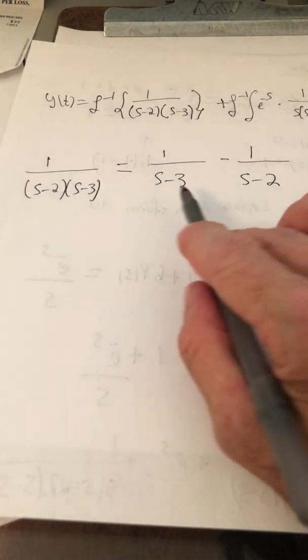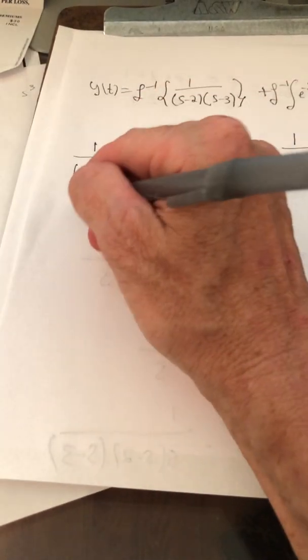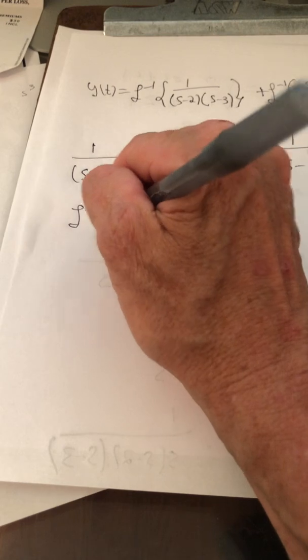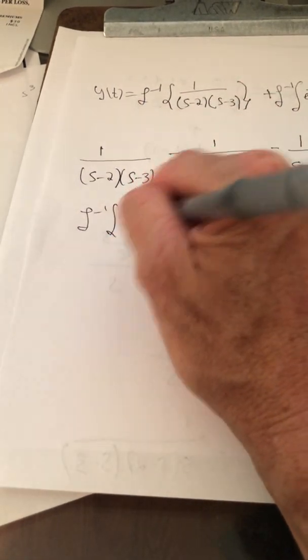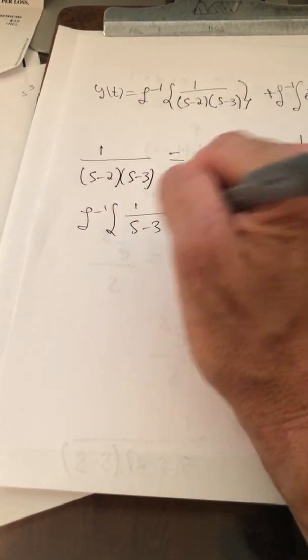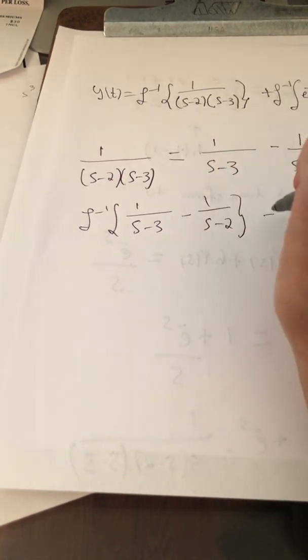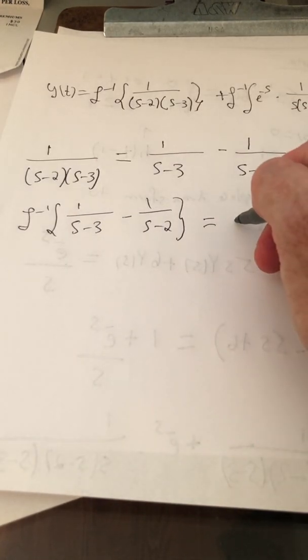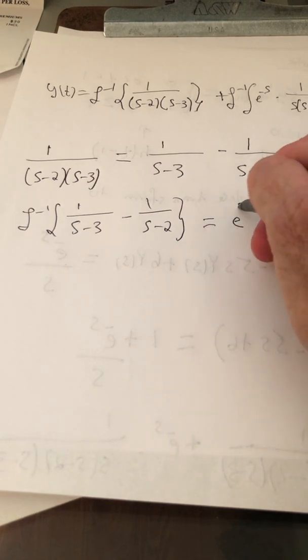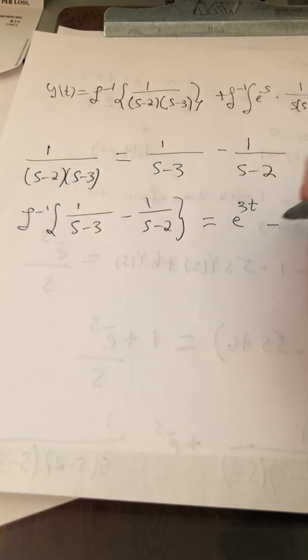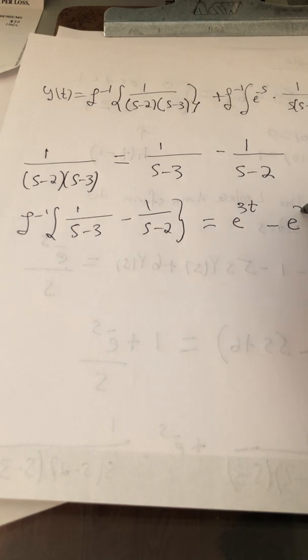Now, of course, when you invert this, the inverse Laplace transform of 1 over s minus 3 minus 1 over s minus 2 ends up being e to the 3t minus e to the 2t.